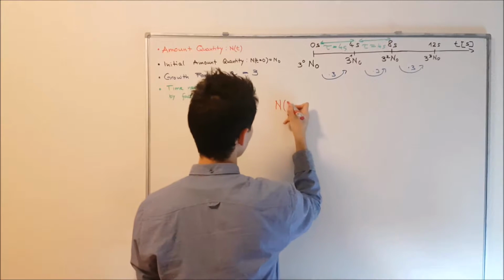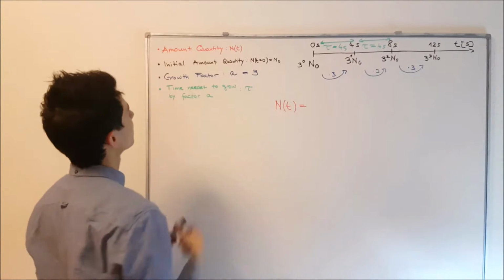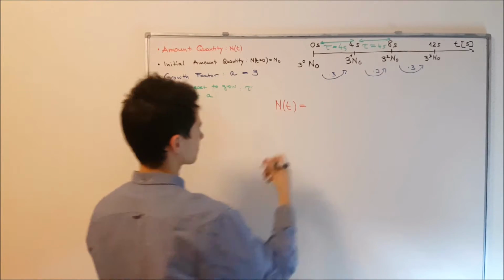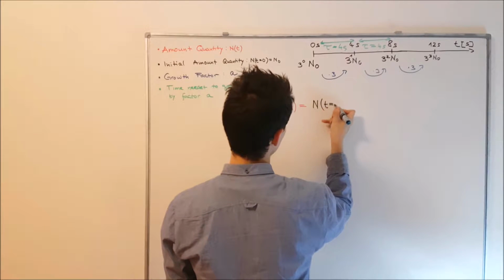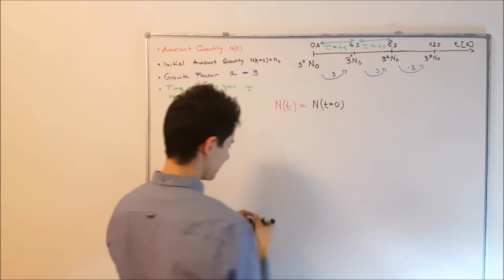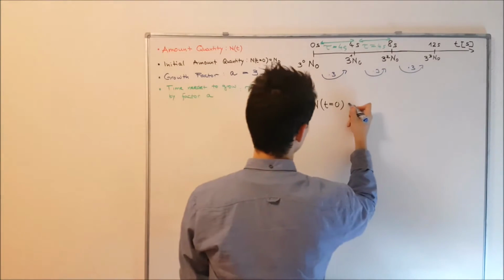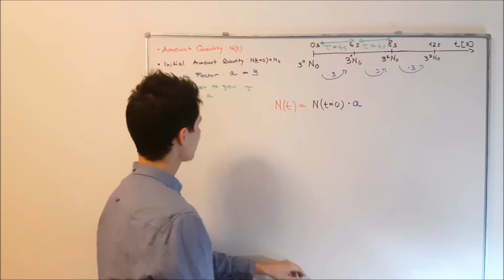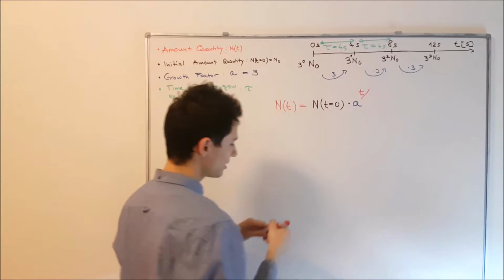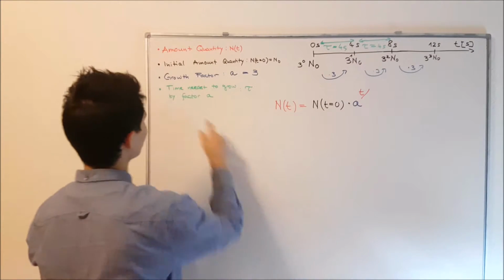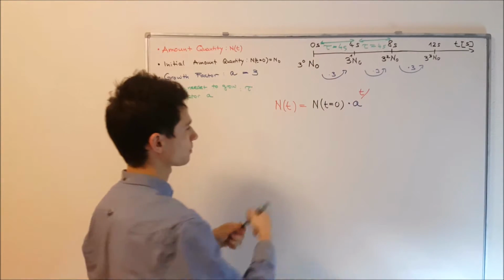Namely, n of t is equal to the initial amount, n of t equals 0, times the growth factor a, and we take a to the power t divided by the time needed to grow by such a factor, which would be tau.